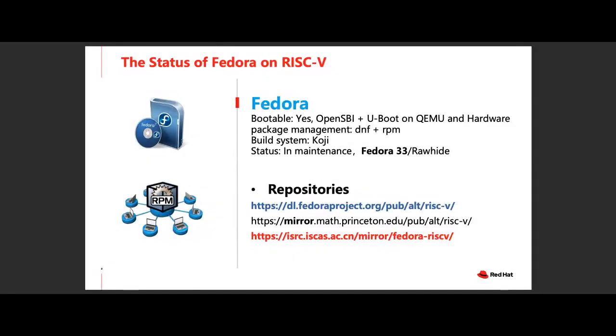The image of this distribution is bootable. You can just download it, get the firmware from the image, and flash it onto an SD card to boot the real hardware. You can also use this firmware to boot QEMU directly.